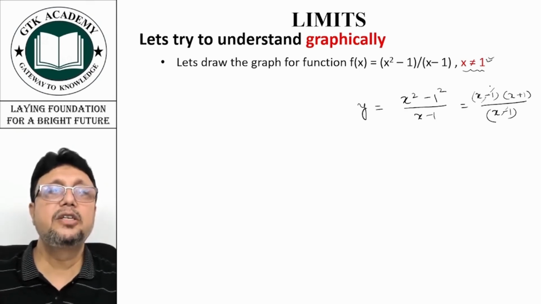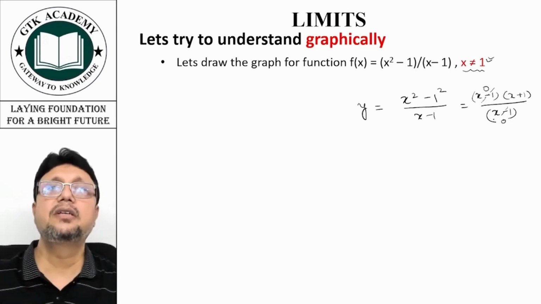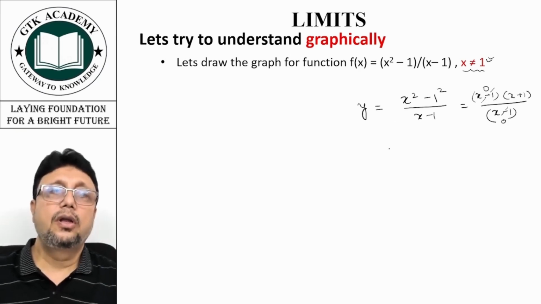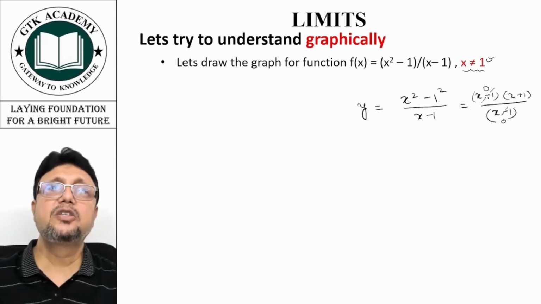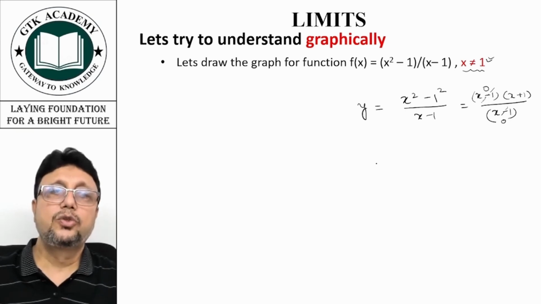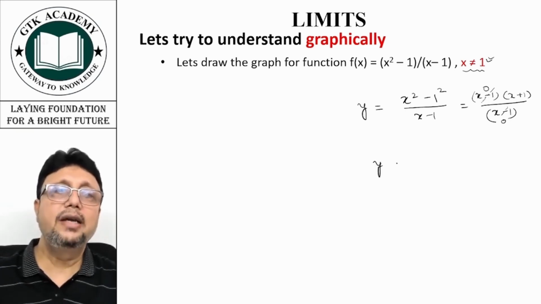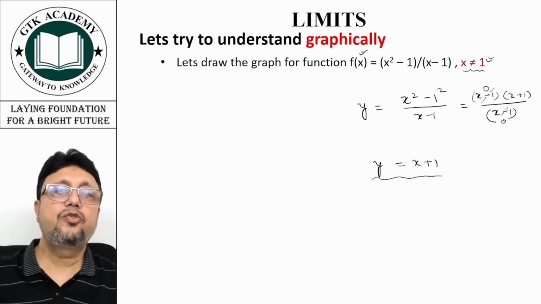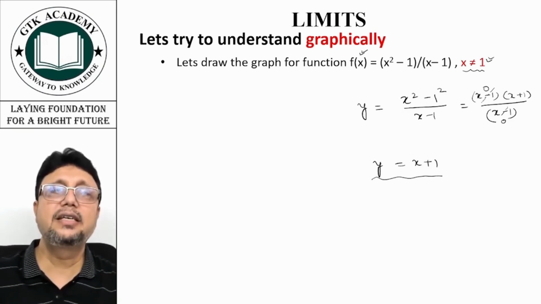For example, at x is equal to 1, this is 0 and this is 0. You cannot cancel if you have 0 in the numerator and denominator. You can only cancel when x is not equal to 1. So, that means y is equal to x plus 1. So, this function can assume this form only when x is not equal to 1.